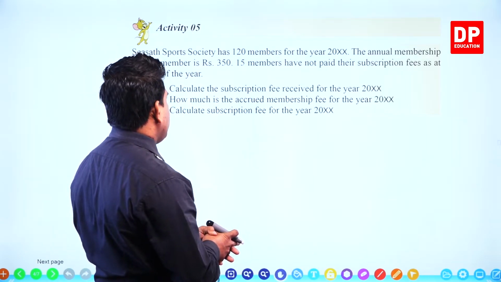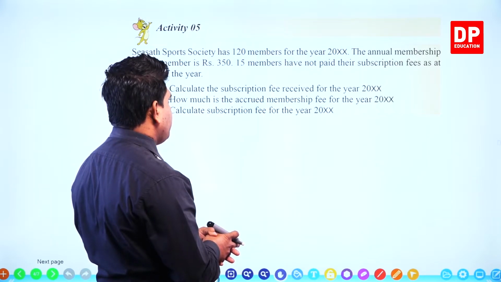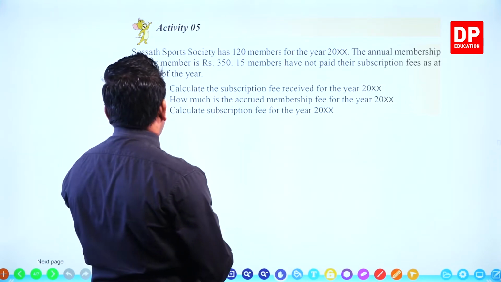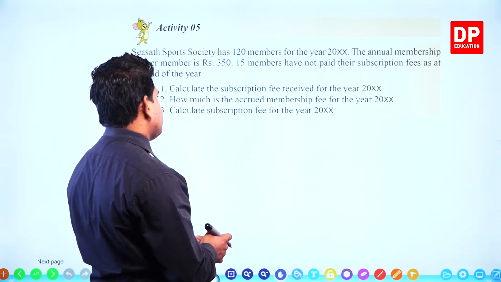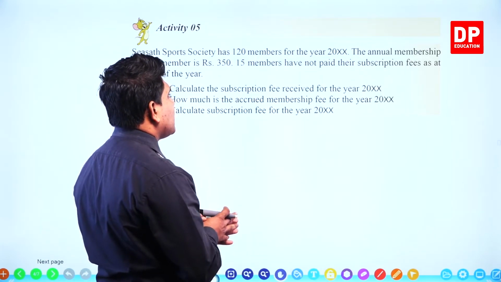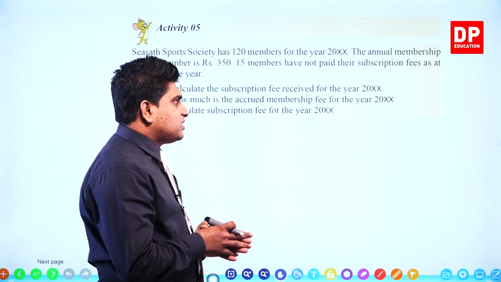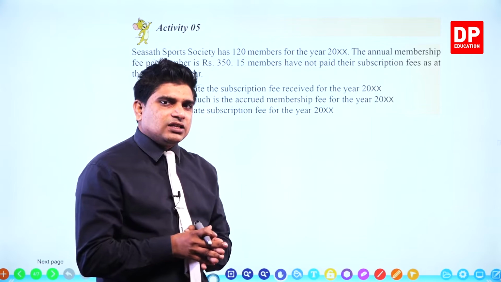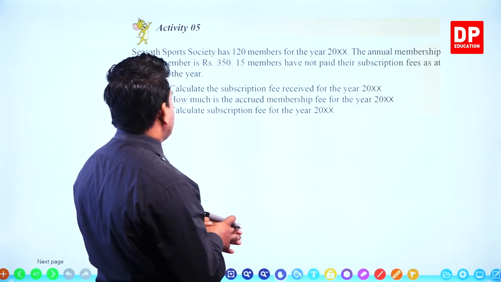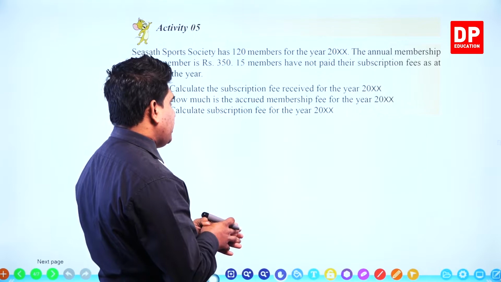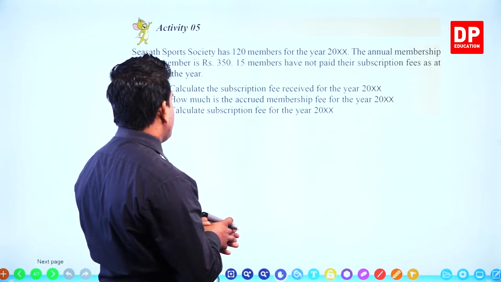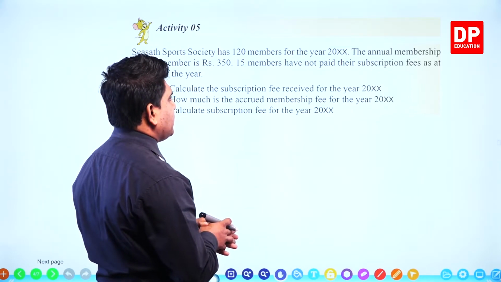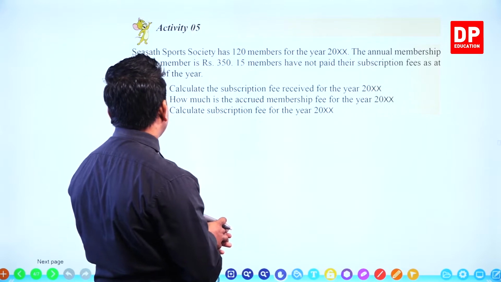Sesat Sports Society has 120 members for the year. The annual membership fee per member is 350. 15 members have not paid their subscription fees as at the end of the year. These are the details: number of members 120, annual membership fee per member 350, 15 members have not paid.